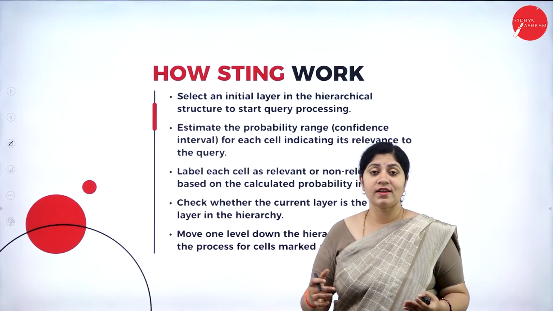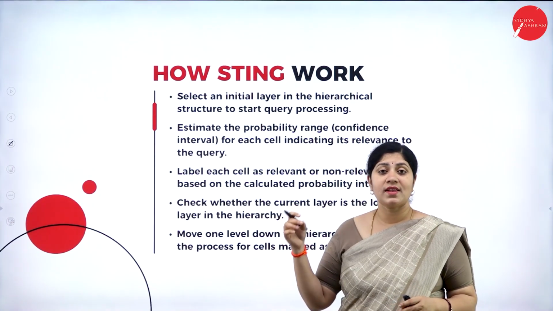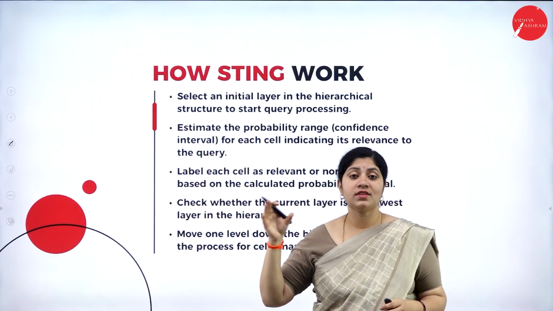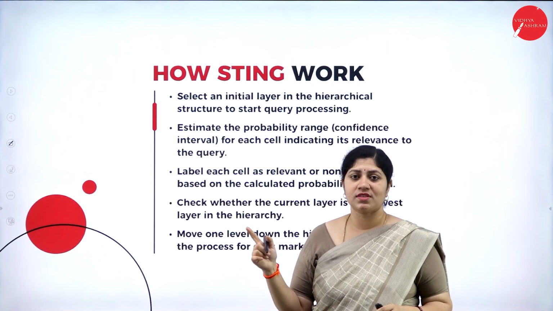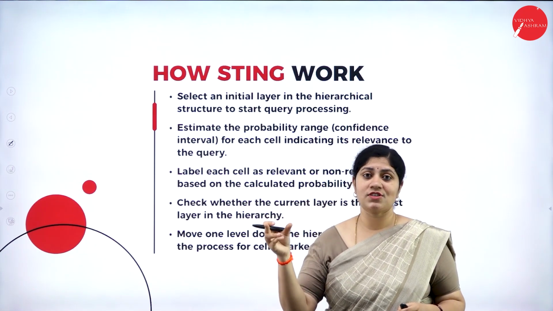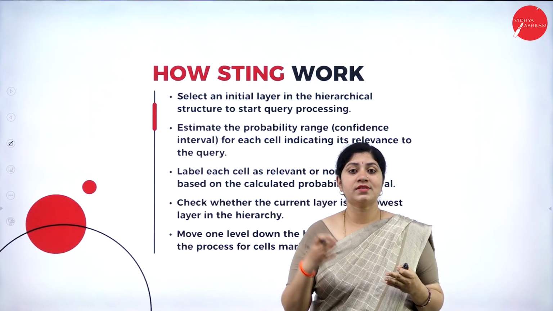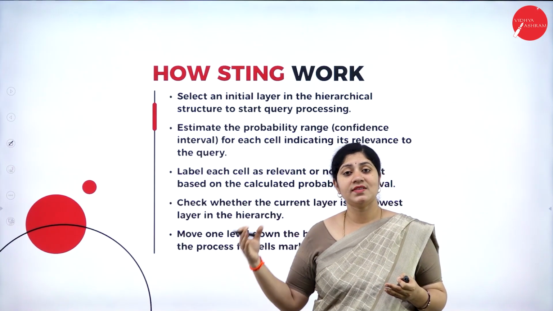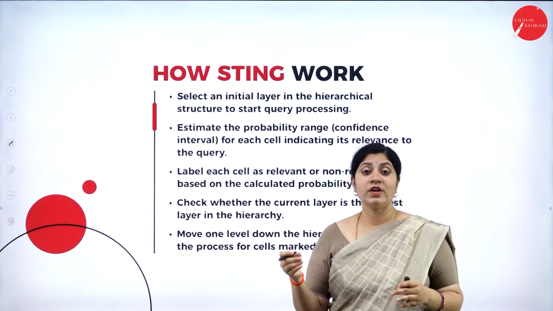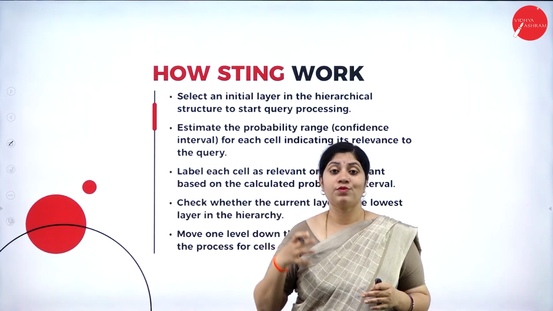Now let's understand how exactly STING works. Initially, it selects a layer in the hierarchical structure to start the query processing. Next step, it estimates the probability range for each cell, indicating its relevance to the query. The next step is labeling each cell as relevant or non-relevant, based on the probability interval that we consider.